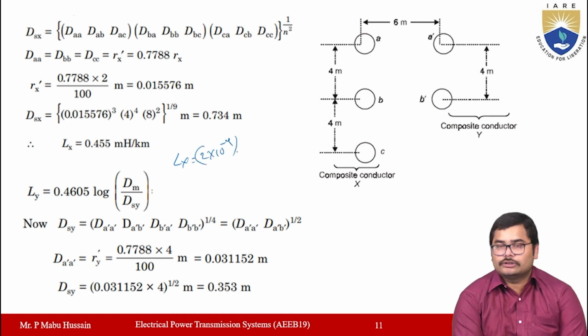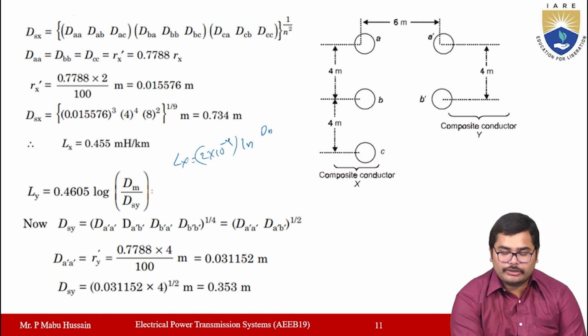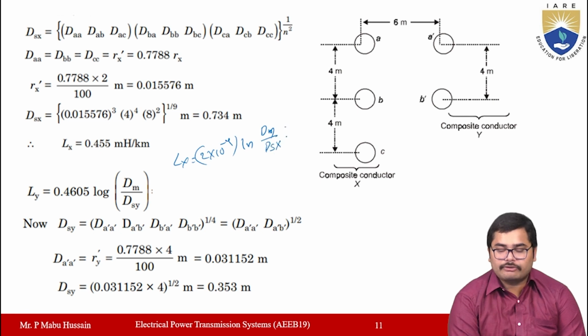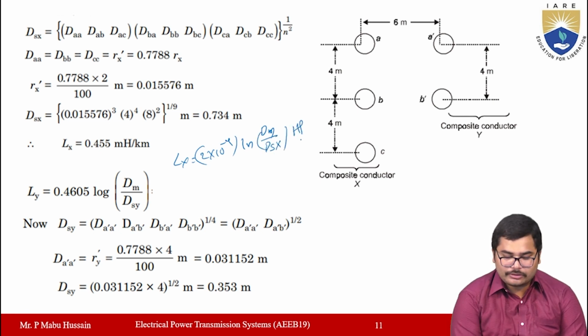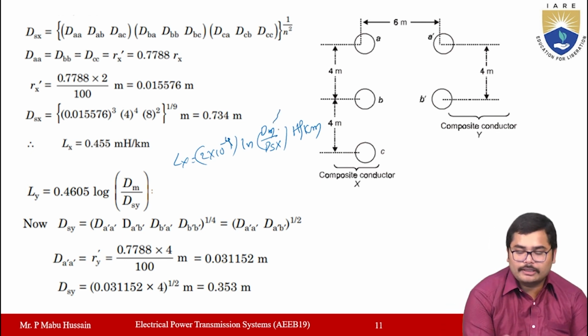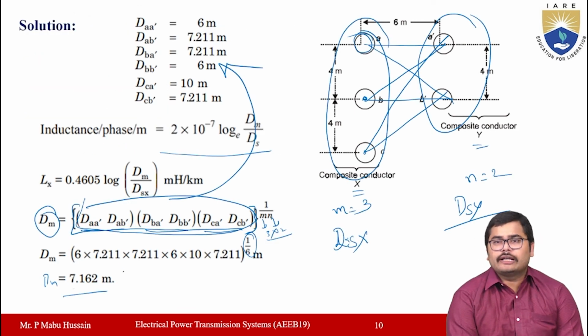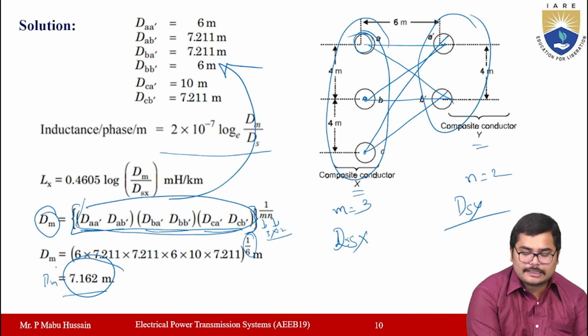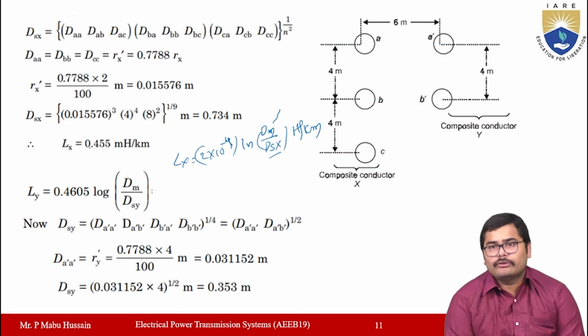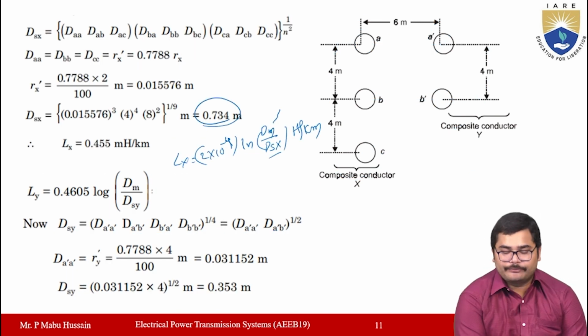So if you substitute the Dm value here and the Dsx value here. What is Dm? Dm you are getting as 7.162 and Dsx you are getting 0.734. If you substitute those two values in this equation, you will get the value of Lx, and the value of Lx is 0.455 millihenries per kilometer.